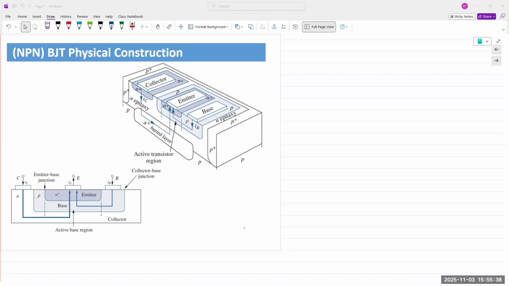However, the number of electrons coming into the base, and the number of holes that are available in there are far less in number. That's the difference between the heavy doping and the light doping. So now there's a whole bunch of electrons just hanging around in the base with nothing to do. That makes sense? A small amount of carriers recombine, small amount of carriers are flowing out of the base terminal.